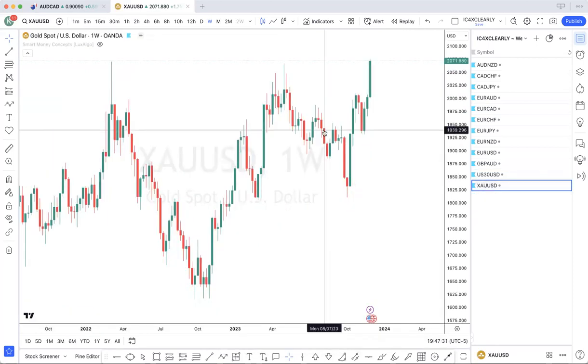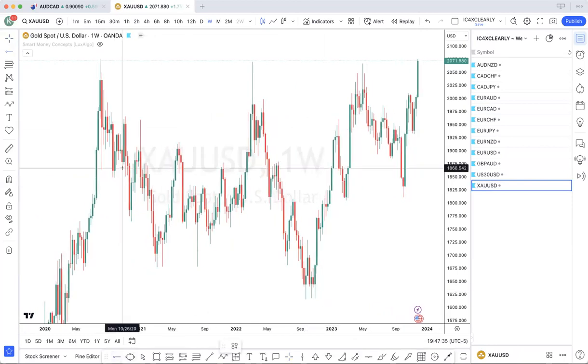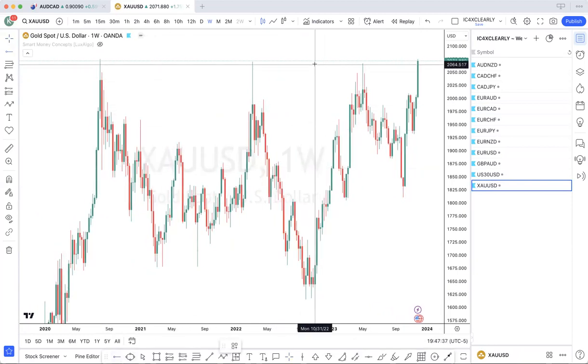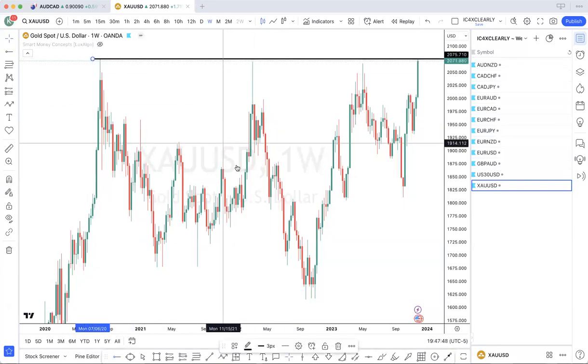Last but not least, we have gold. Gold definitely wicked past these two highs here. Okay. And now we have this high here.